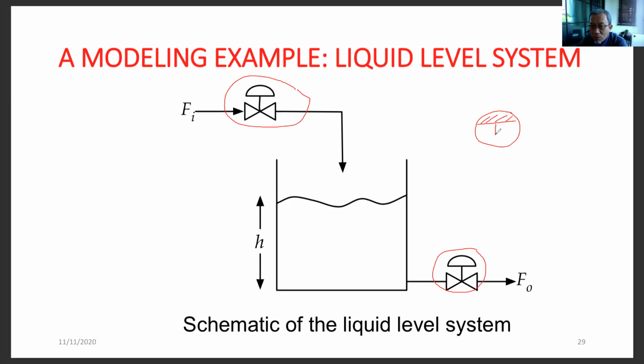The door can be controlled to close 100%, to open 50%, or to open 10%, and so on. It can be done manually, it can be done automatically. And this is the input flow, and the output flow.